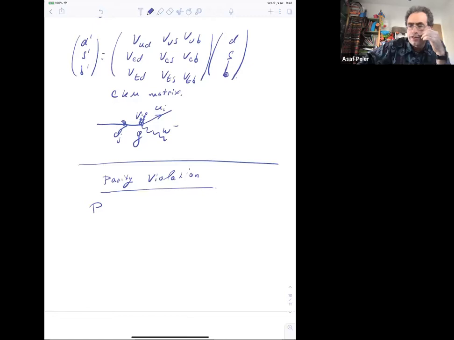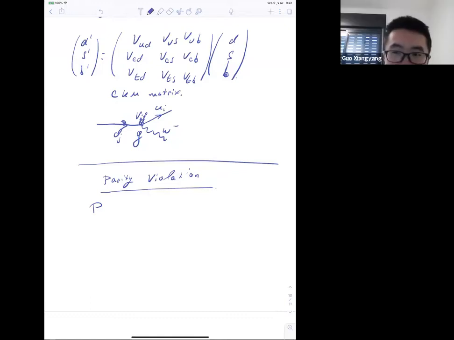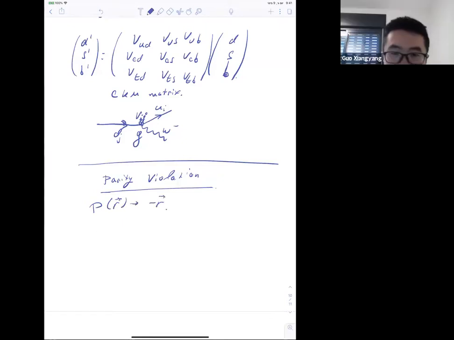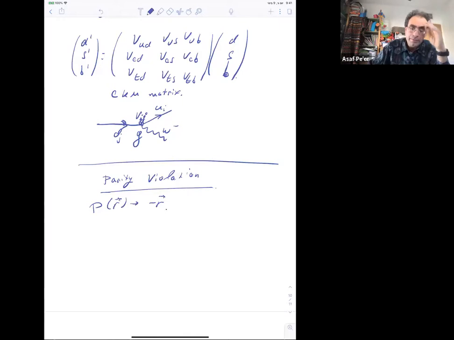It's an open question, guys. What does a parity do? They inverse the coordinates. Exactly. It reverses space, right? P of r goes to minus r. Now, we'll have to be careful. I didn't really fully define it simply because we did not have time.